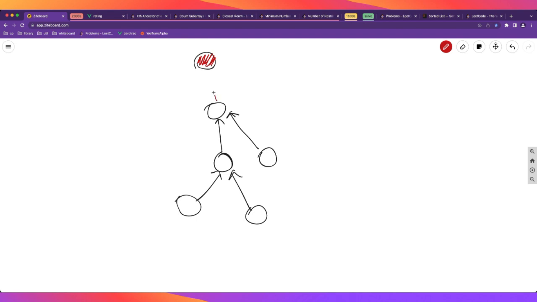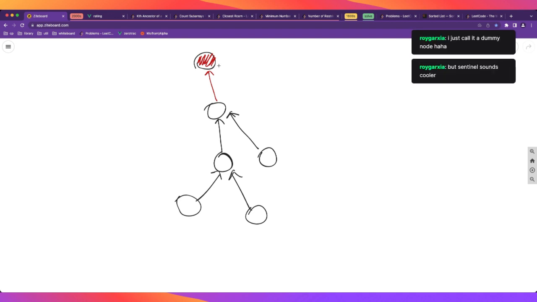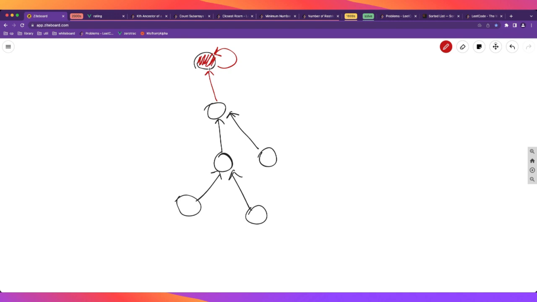So we added this edge, dummy node. Yeah, dummy. But I think in the CLRS book they use the name Sentinel. And we added this edge. We made the parent of all the ancestors of the dummy node itself.